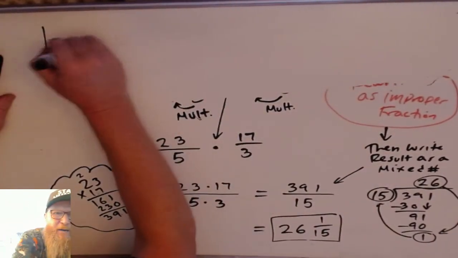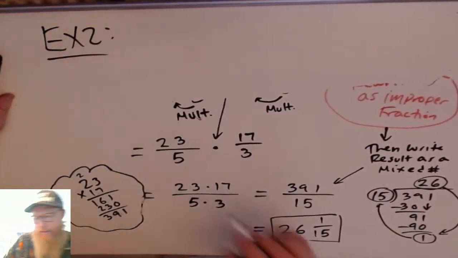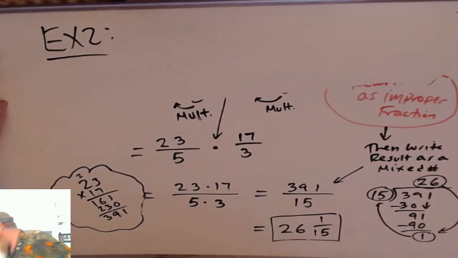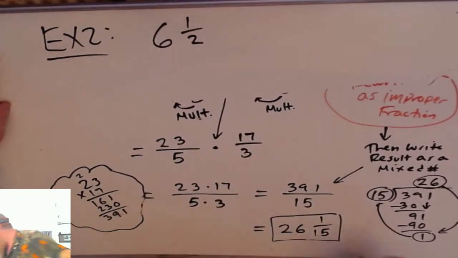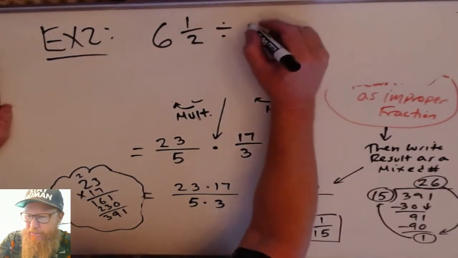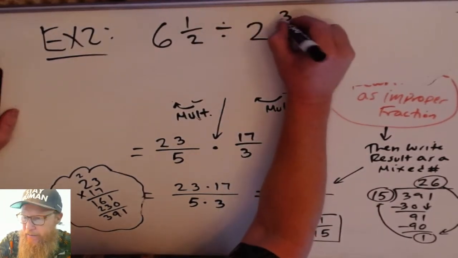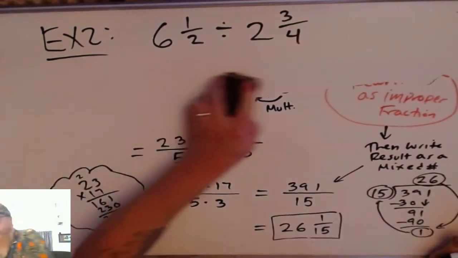So, let's try another one. Example 2. 6 1/2 divided by 2 3/4.